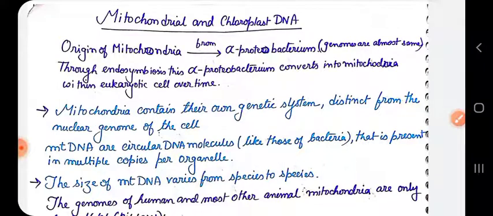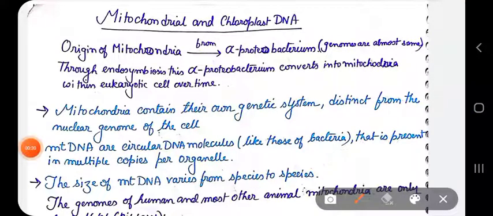About the mitochondrial and chloroplast DNA, you all know that according to the endosymbiotic origin, mitochondria and chloroplast have come into our mammalian normal cell. Once upon a time they were some other organisms. So, origin of mitochondria from alpha proteobacterium.